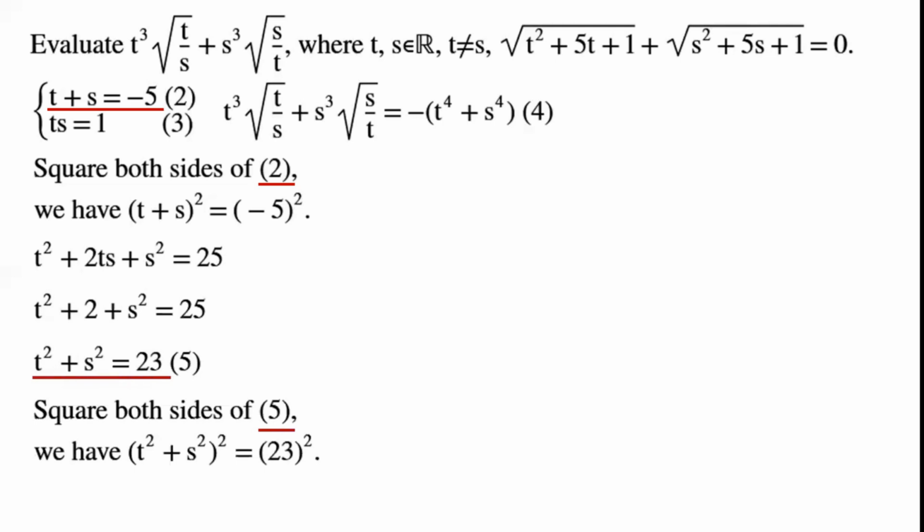Square both sides of equation 5. We have t squared plus s squared all squared equals 23 squared.